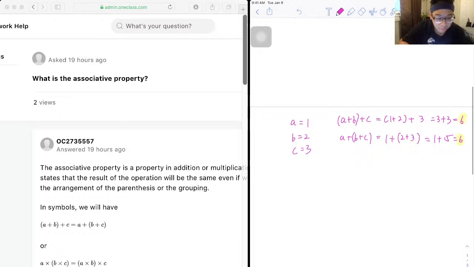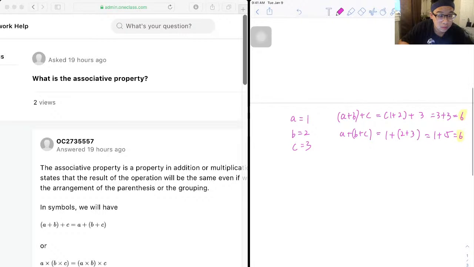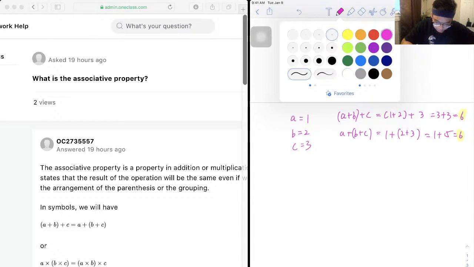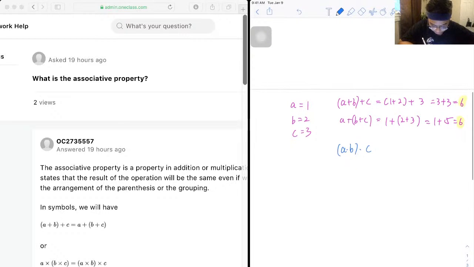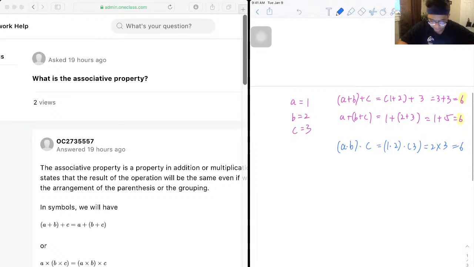And also, let me see the question again. In terms of multiplication, if I multiply the first two and then multiply by C, that will be (1 times 2) times 3, which becomes 2 times 3, which is 6.